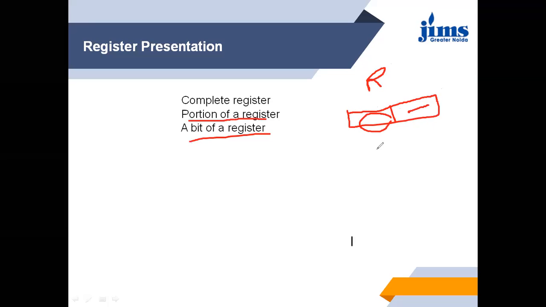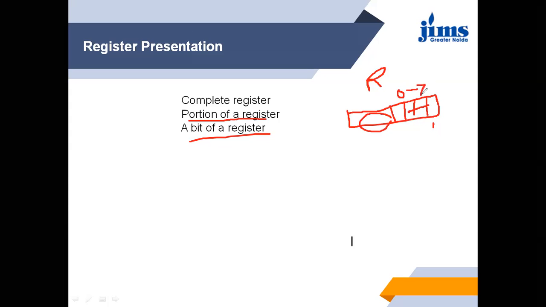For example, if a register contains 8 bits, then I can consider those 8 bits differently. Generally it starts from 0. Suppose it has 8 bits, then it will be from 0 to 7. Generally we say it like this, not from 1 to 8.